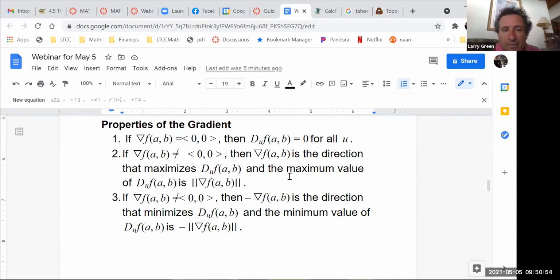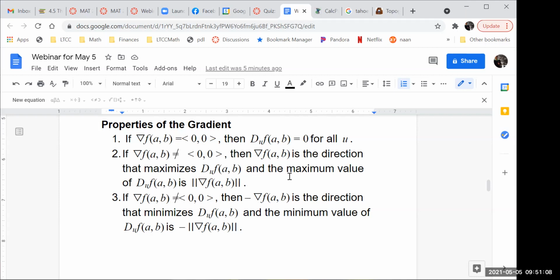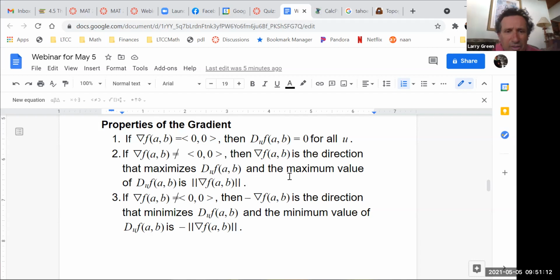It's a biggie. Another biggie in chemistry. Where does it happen in chemistry? Would it just be concentration gradients? Concentration, it could be, but what's the function in this case?